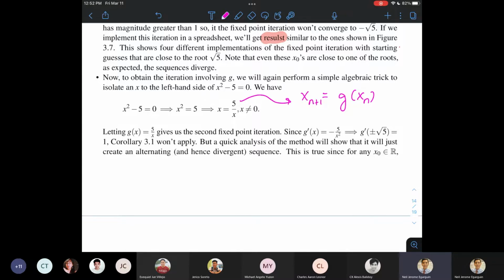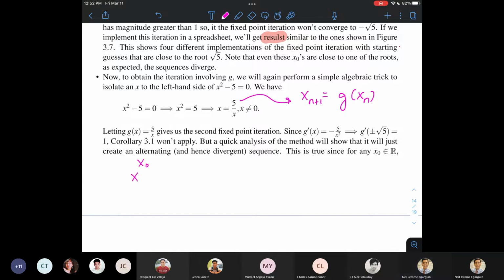Bakit? Kasi, halimbawa, nag-start ka sa x sub 0. So si x sub 1 ay g of x sub 0. So that's 5 over x sub 0. That's fine. Then x sub 2 is g of x sub 1. So that's going to be 5 over x sub 1, which is 5 over 5 over x sub 0.